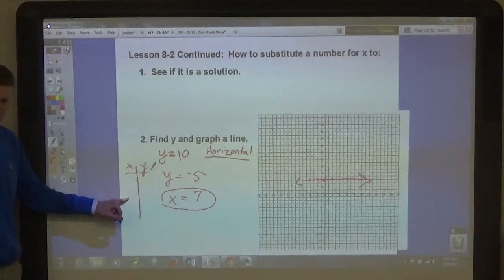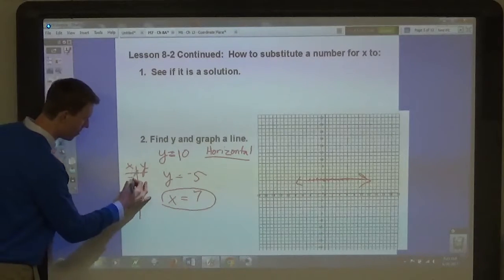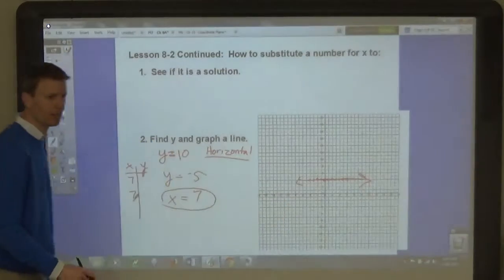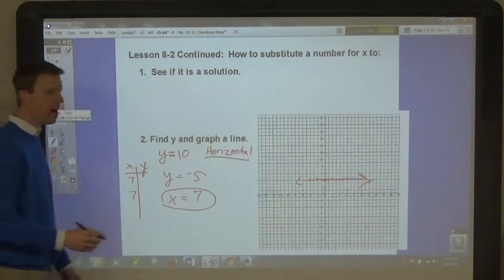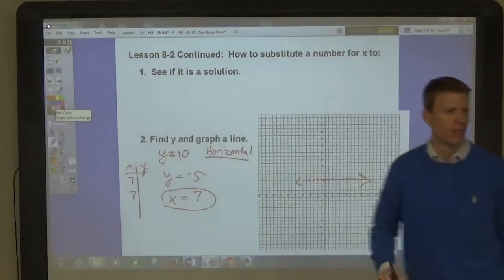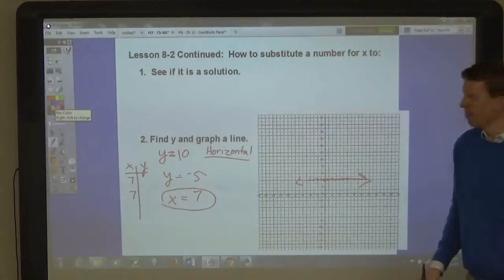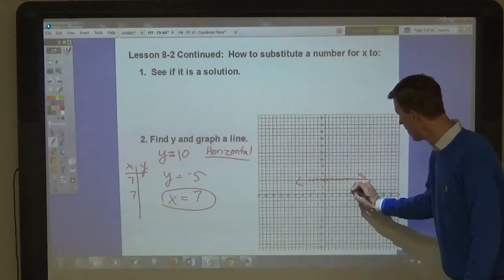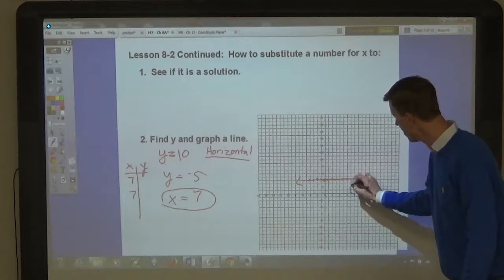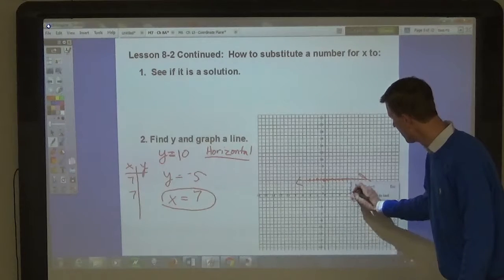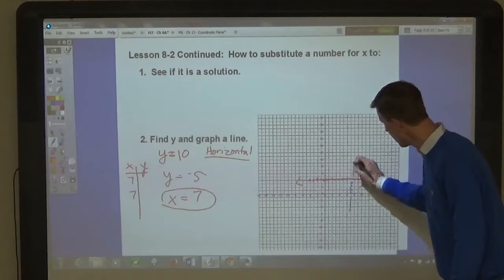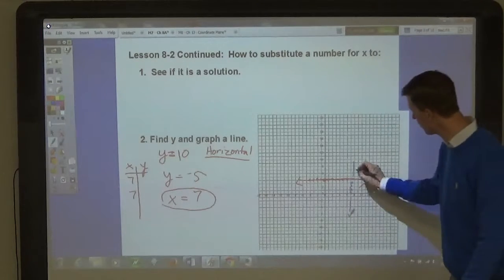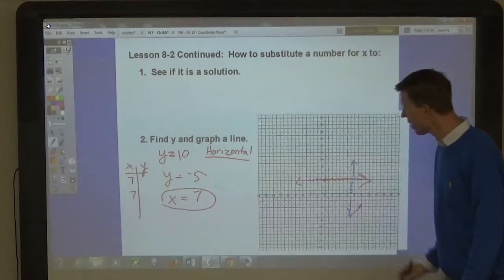And what is x always going to be? 7. So if x is always the same number, then what kind of line would that be? Bryce? Yeah, vertical, right? At 7. So (7, 0), (7, 1), (7, 2), (7, 3). The x number is always 7, and if it's always the same, then we get a vertical line.